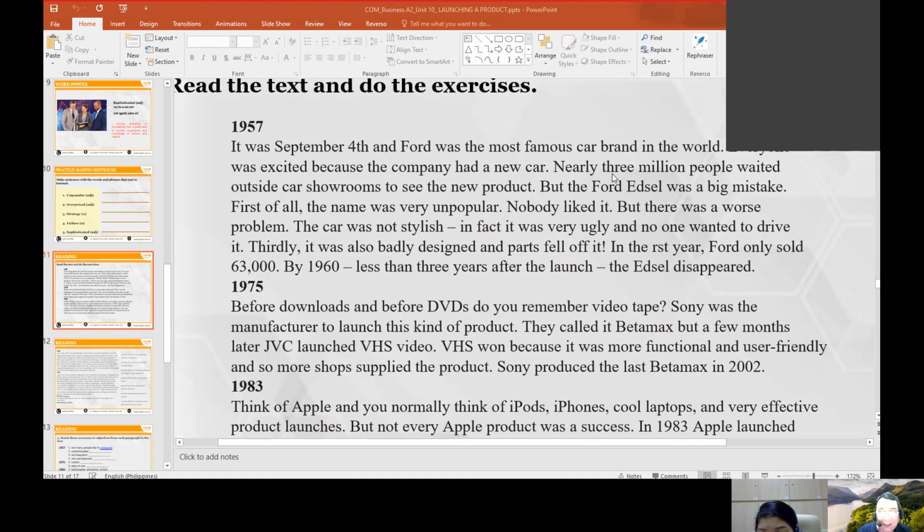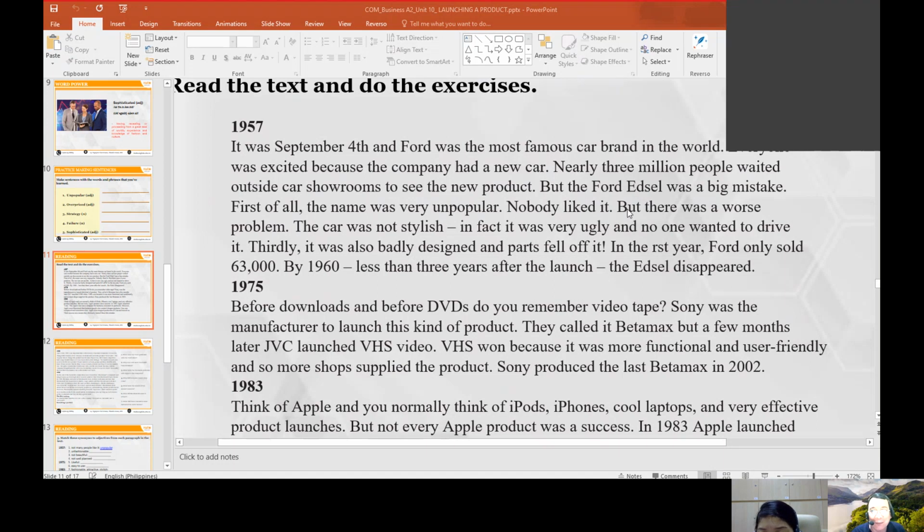Nearly 3 million people waited outside car showrooms to see the new product. But the Ford Edsel was a big mistake. First of all, the name was very unpopular. Nobody liked it.